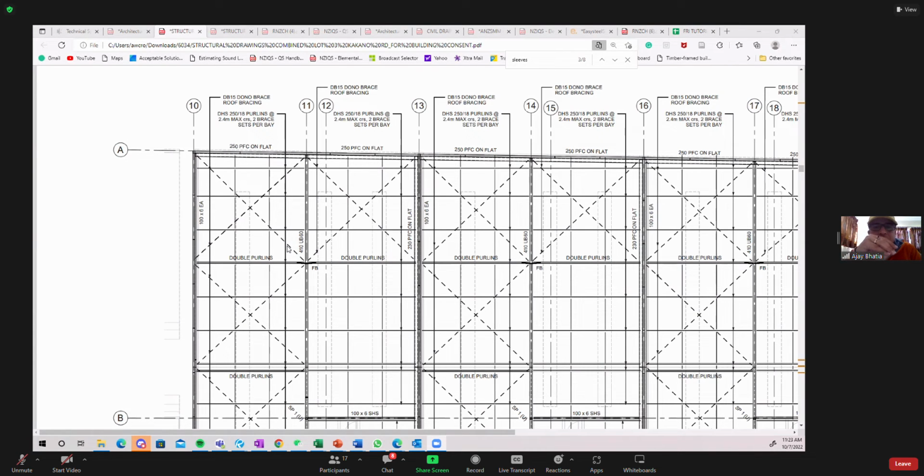So you go by the industry standards in your cost estimation, because you do not know the exact spacing of the purlins, because over here they are using DHS 250 by 18, which is thicker, width basically.